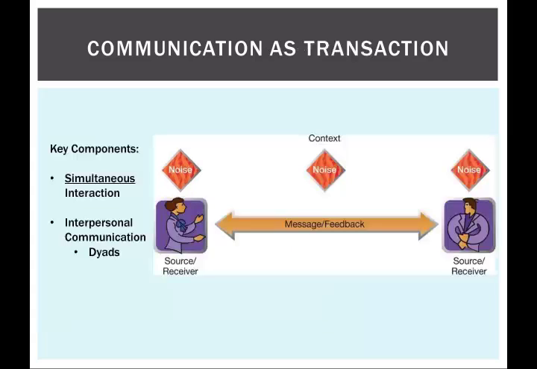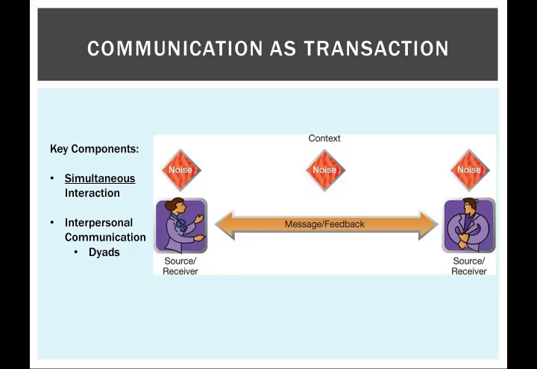The last model is a communication as transaction model. This model is the most complex out of all three. Instead of having a linear relationship between the two, this type of transaction is more simultaneous. So both individuals serve as source and receiver. There's no clear source and there's no clear receiver, so they both have input and are taking output from that particular interaction.